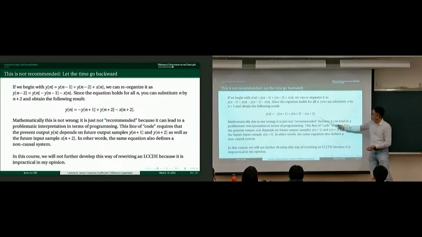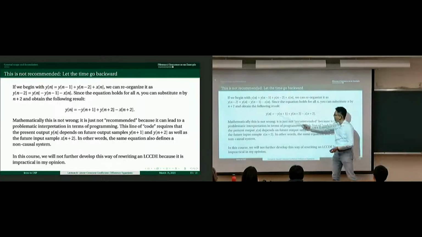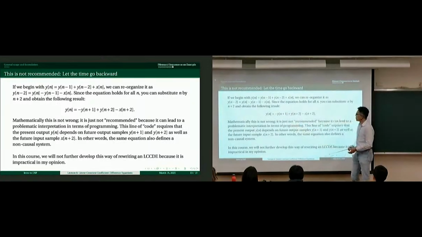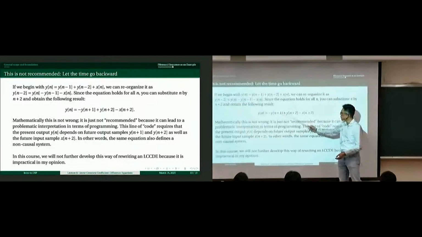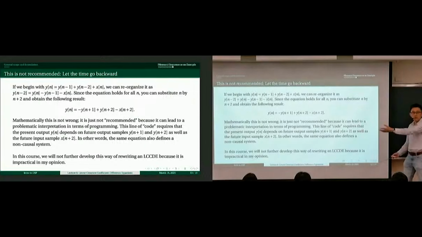This means that in order to calculate y of n, we need future information, because y of n plus 1 and y of n plus 2 have not yet happened. It's in the future. So in a way, to implement this line of code, you need the time to go backward.